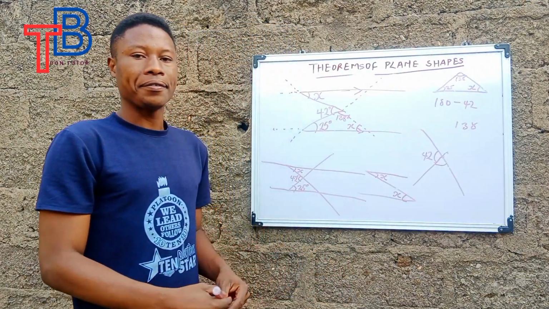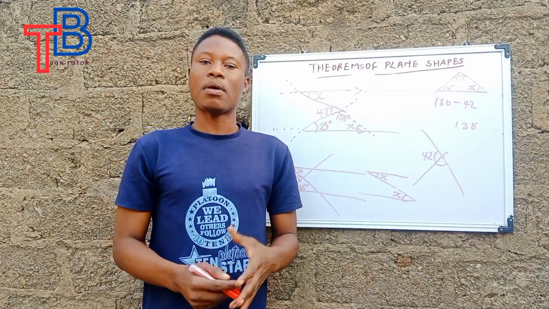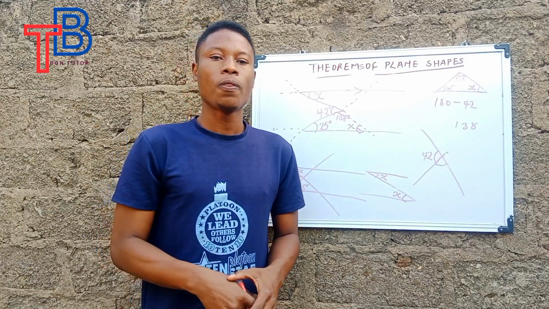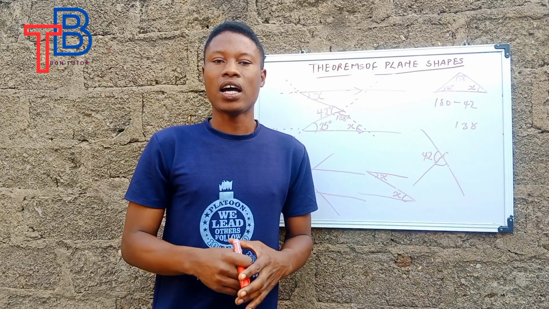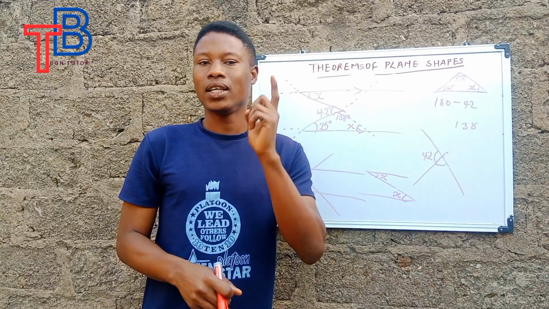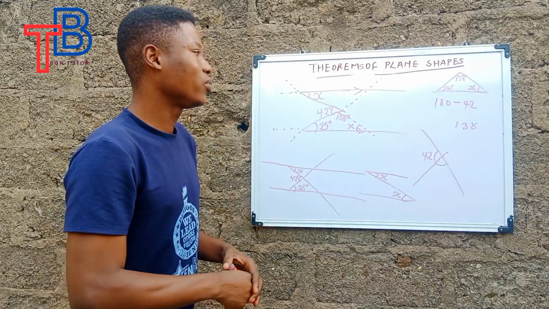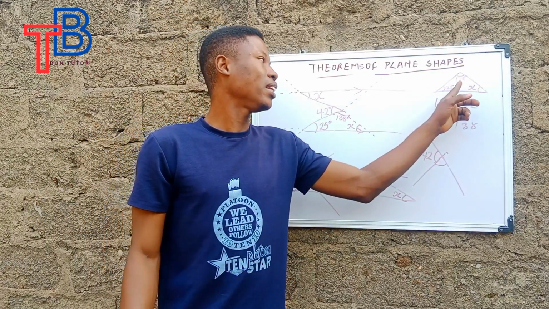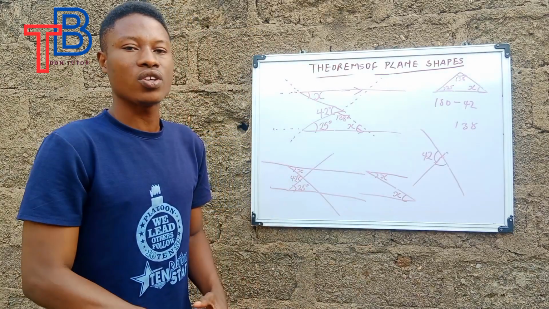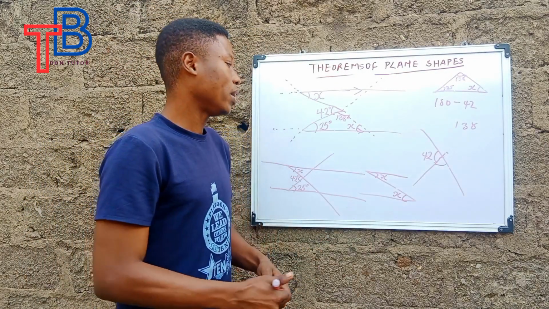This is an angle. And there is one theorem about triangles also. We said all angles in a triangle are equal to 180, which means if you add all the angles in the triangle together, your answer should be 180.